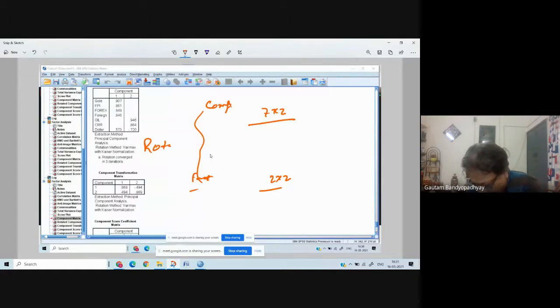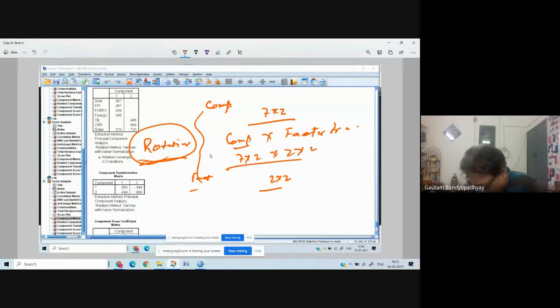If we get the rotation matrix, we get the members of the groups. That is the orthogonal matrix. So what is the rotation matrix? The rotation matrix is the component matrix multiplied by the factor transformation matrix, 7 by 2 into 2 by 2. Matrix multiplication gives the rotation matrix. After getting it, we'll show our interpretation part.